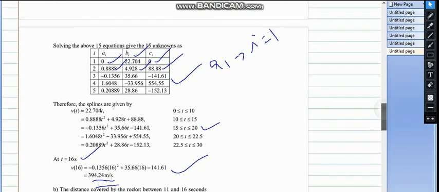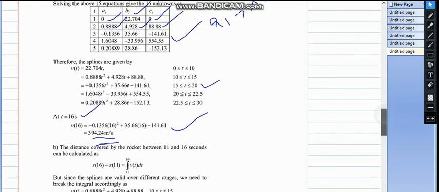So for example, in the present case, we have to find out the velocity at t equal to 16 seconds. That was our problem. So we have to check which spline is coming in 16 seconds. The first spline is between 0 and 10, the second spline is between 10 and 15, and the third spline is between 15 and 20.